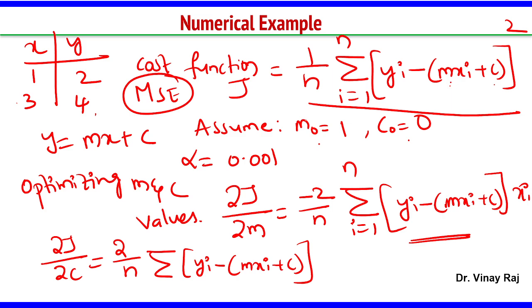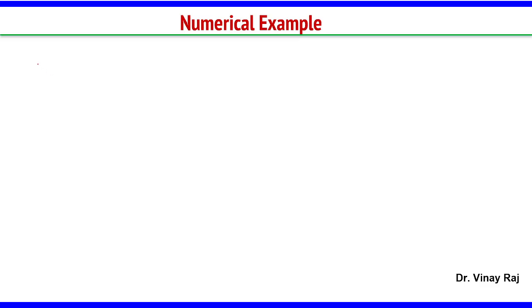See, I already have m0 and c0 values. How do I find the new values m1 and c1? What is the formula for m1? We have already seen this. I think you remember. The formula used in gradient descent is a(n+1) is nothing but a(n) minus alpha into the derivative of f of a(n).